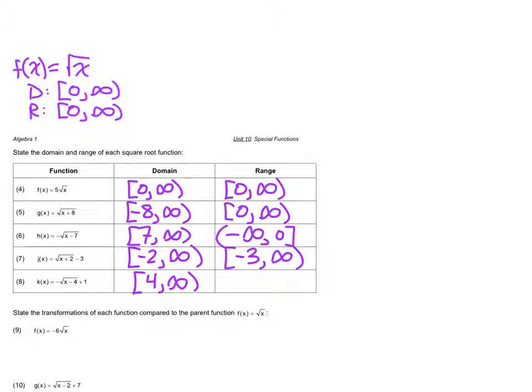So like you said, it's going to be negative infinity to 1. Flipping over the x-axis without that plus 1 would have given us all negative values, negative infinity to 0, but because we're also shifting it up 1 unit, instead of ending at 0, it's going to end at 1.